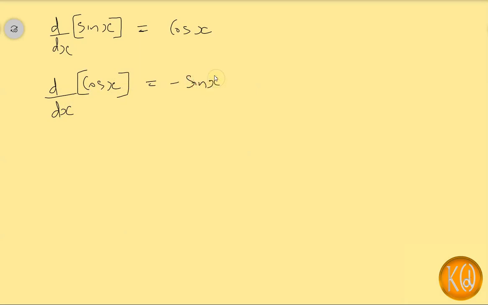If you differentiate tangent, tan x, that is sec squared x, and sec squared is secant x, secant squared x. That's what that means, secant.